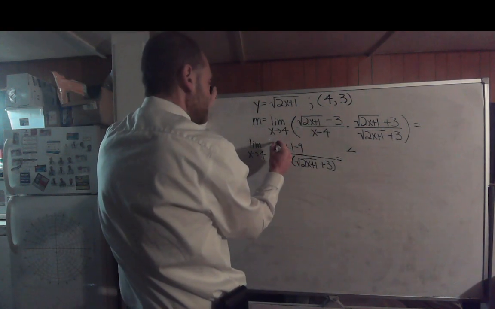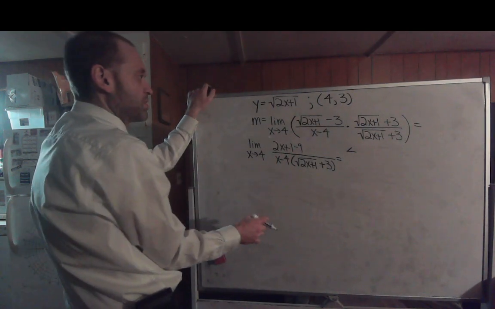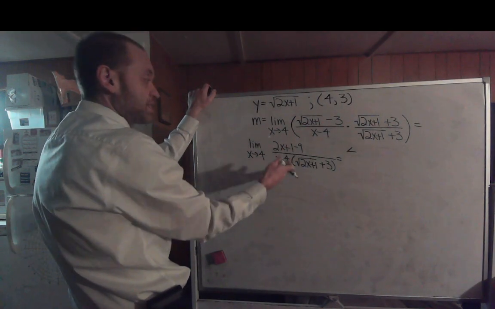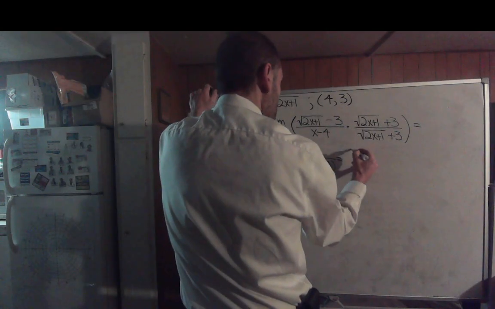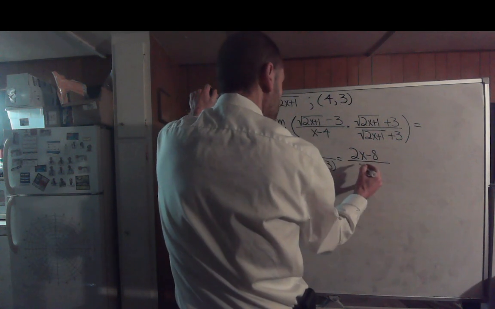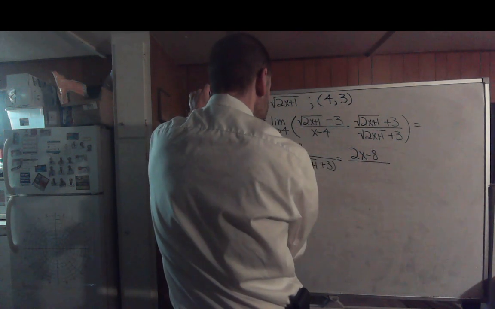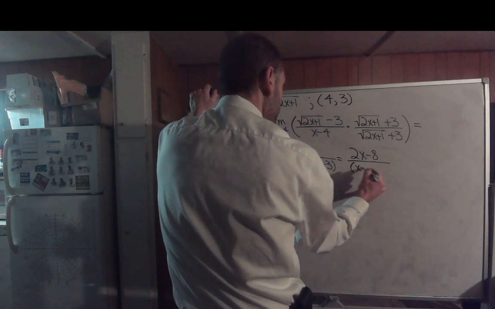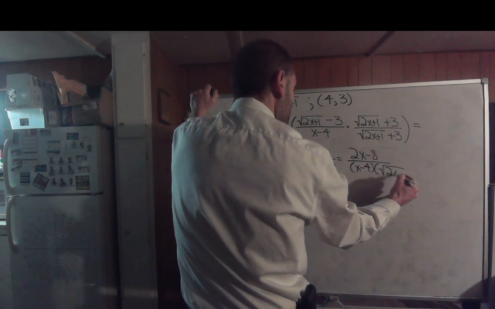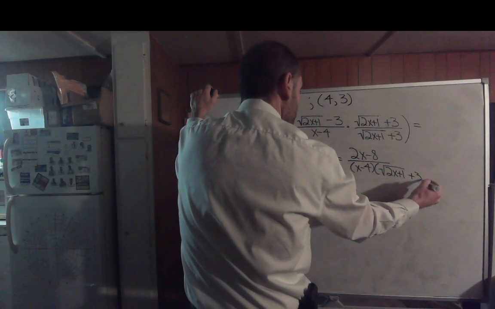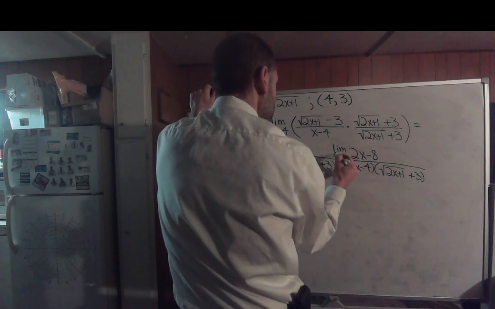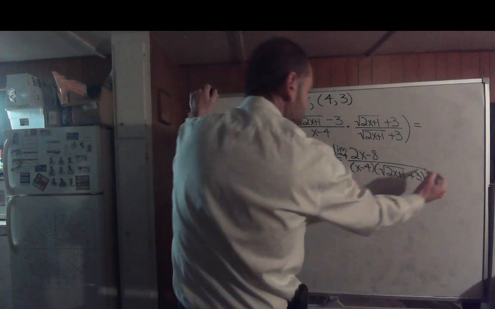That should be 2x, excuse me. I was multiplying both 2's. I forgot I was just multiplying a radical. So 2x plus 1 minus 9 would equal 2x minus 8, all over x minus 4 times the square root of 2x plus 1 plus 3. And I forgot a very important piece, the limit as x approaches 4 of that whole piece.